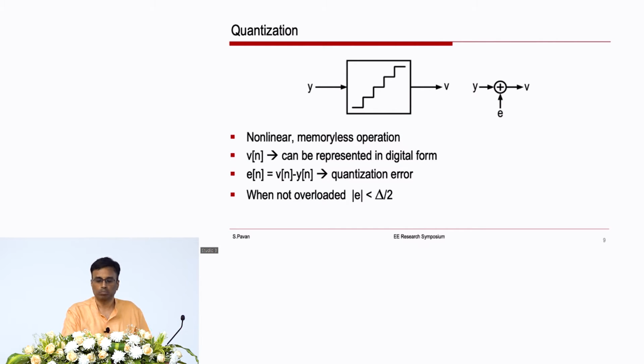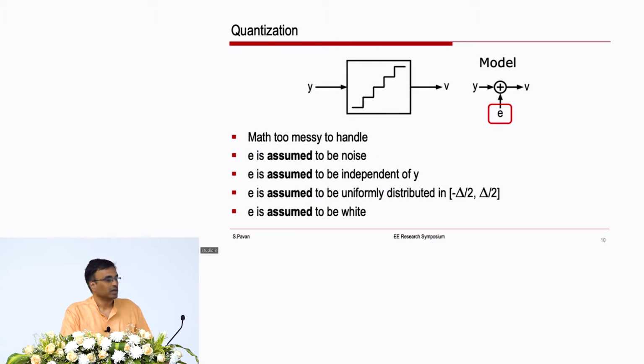Now, we are having a hard enough time worrying about circuits which are linear. The moment you see characteristics like this, you can see that the math is too messy to handle. And when the going gets tough, engineers start to make approximations, and these are the approximations that are made in practice.